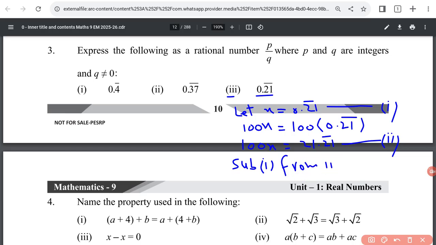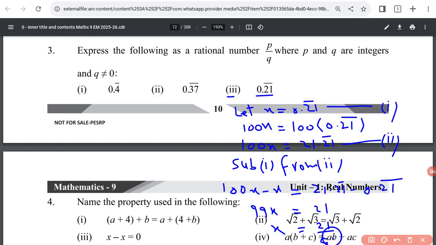We have 100x minus x is equal to 21.21 bar minus 0.21 bar. So 99x is equal to 21, so x is equal to 21 over 99.